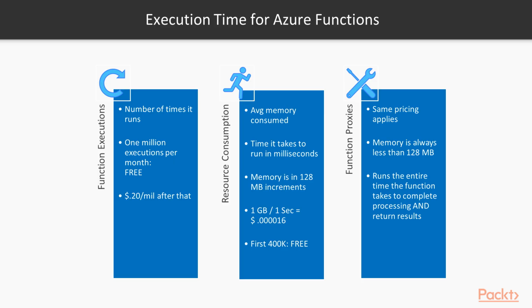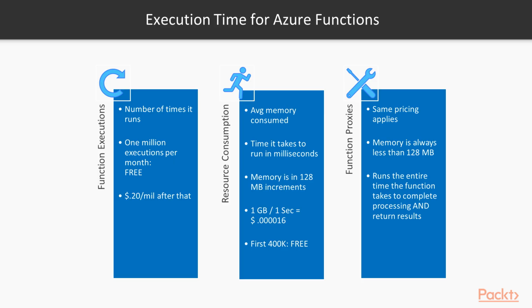In addition to the number of times it's run, you also pay for the resources that it consumes. And that's the resource consumption here. The average memory consumed, it's not the peak. So if you go to the highest for a very quick spike, it's not going to consider that memory consumed the entire time the function is run, but it does take the average.